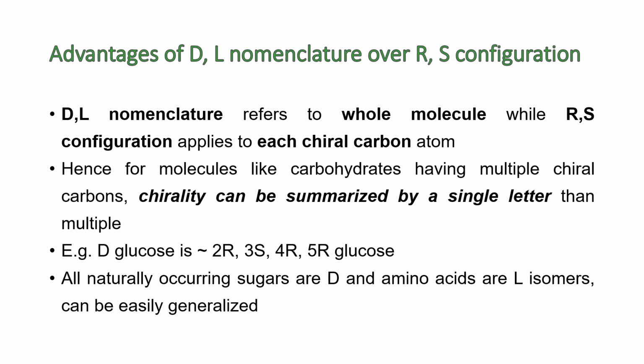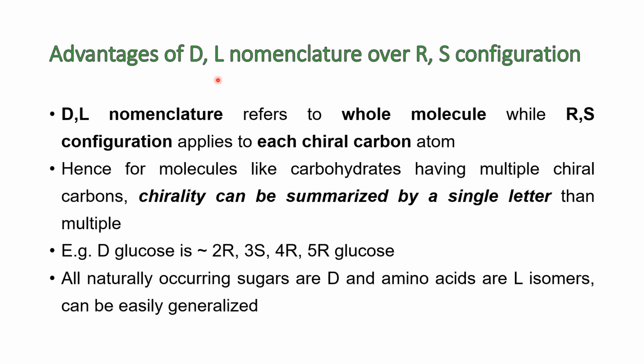So Fischer introduced this long back somewhere in the 1890s. After that, in the mid 1900s, there was the introduction of R and S configuration, but still D and L nomenclature is preferred over R and S configuration in certain cases. As you can see, it is more of a nomenclature.